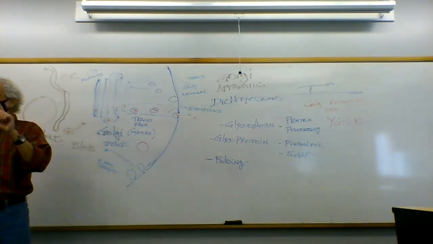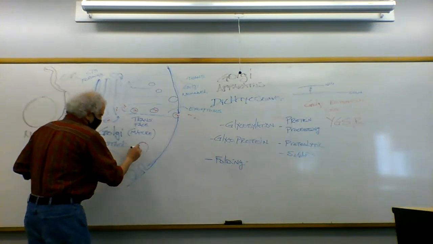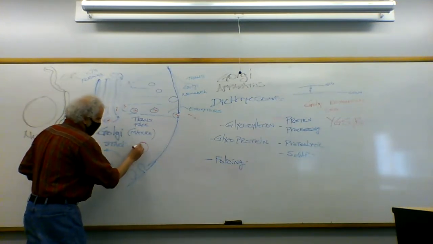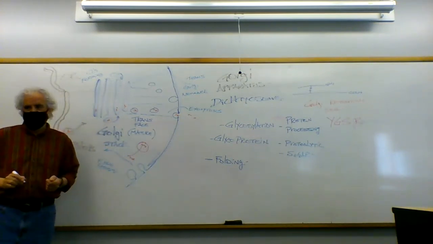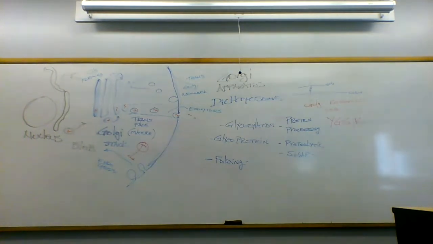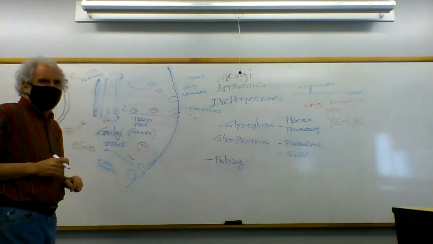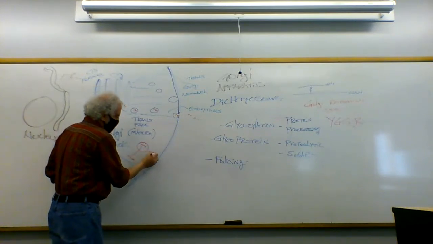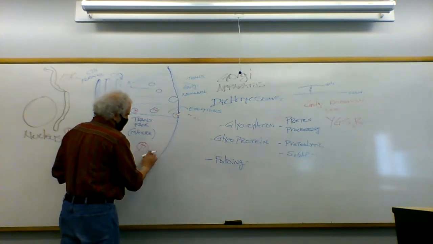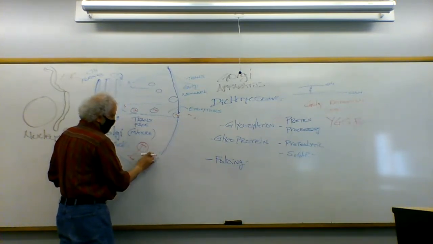If it's a single pass, that means that the amino terminus is here, the carboxy terminus is here. That's on the outside. A convenient way to think about this is the carboxy with a C in the cytoplasm. Why not? The amino terminus is inside. Oh, that's so cute. Now, when this fuses, it's going to be a little bit like a soap bubble. It's going to fuse with the cell surface. We're going to make it stretch out a little bit, like so.